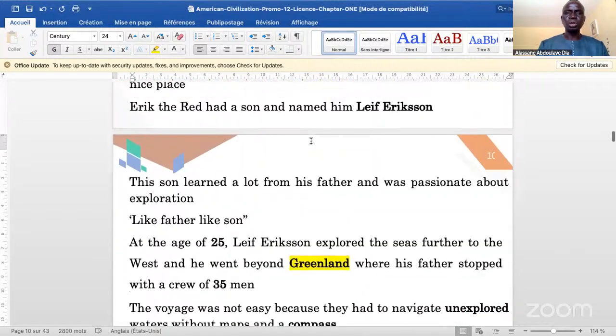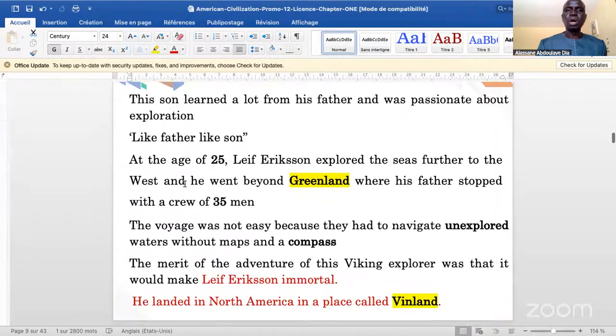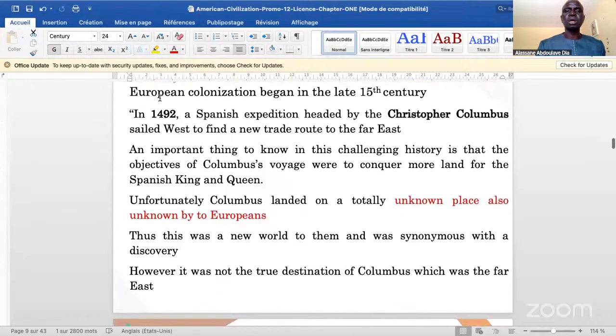I told you that the Vikings arrived this year, class, 1982 AD, it means Anno Domini, after Christ. Look at here, Christopher Columbus arrived in 1492. There is a big difference, 500 years.